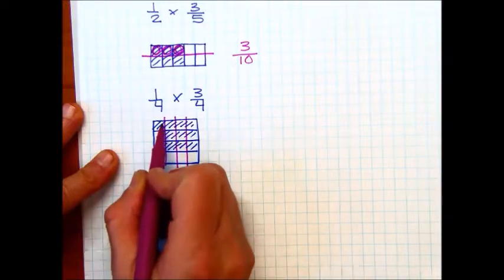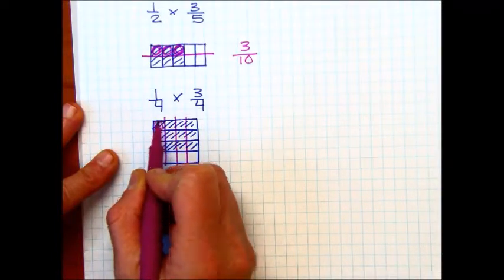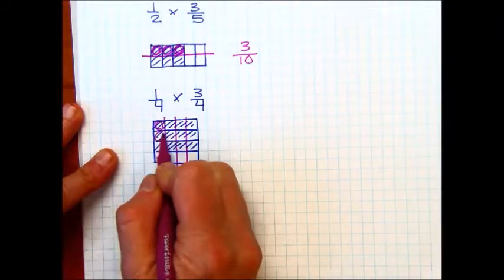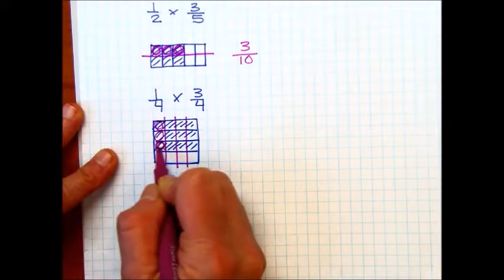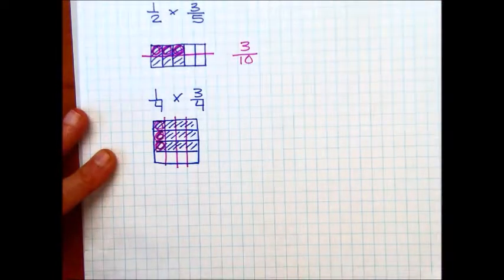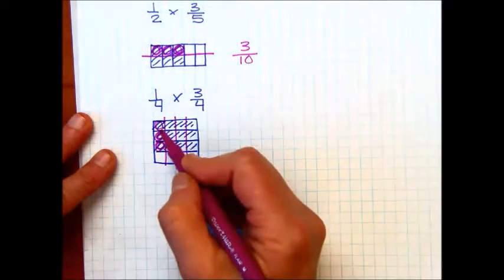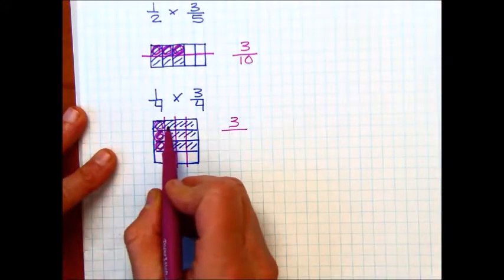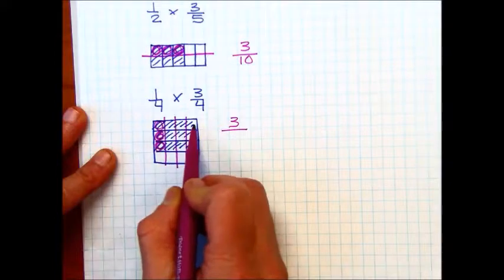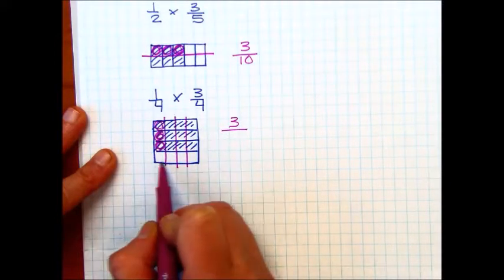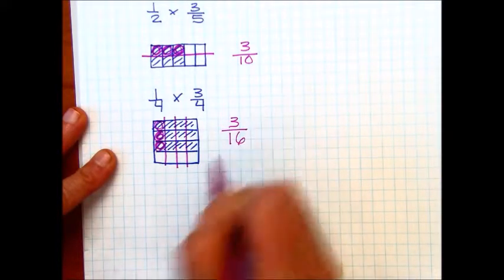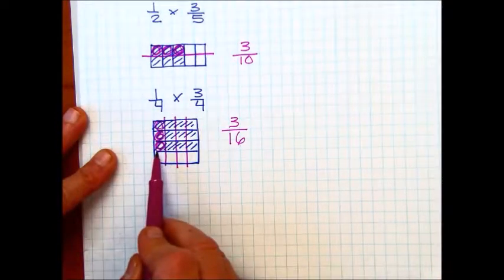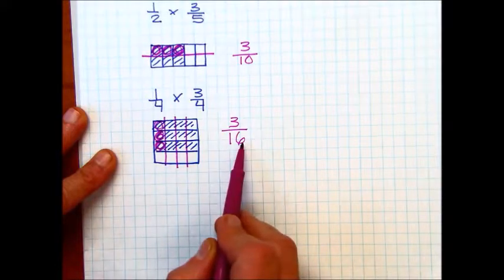So if I look at this side here, anything to the left of this line, I'm going to shade my previously shaded parts. Okay, so now I have 3, but how many squares do I have? It looks like I have 4, 8, 12, 16. So now 1/4 of 3/4 is going to give us 3/16.